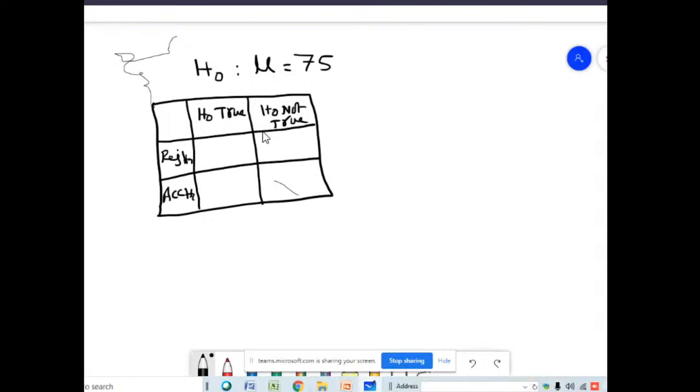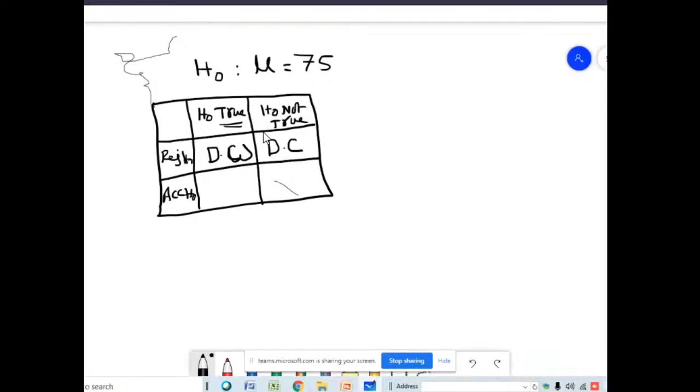Okay. Now suppose the statement is true, and if you have rejected the statement, is the decision correct or wrong? The decision is wrong because the hypothesis is correct, but we have rejected it. So this is called one type of error. Similarly, if a false statement is rejected, the decision is correct.